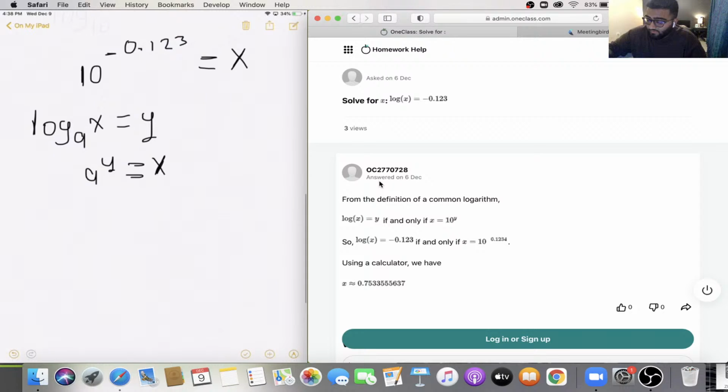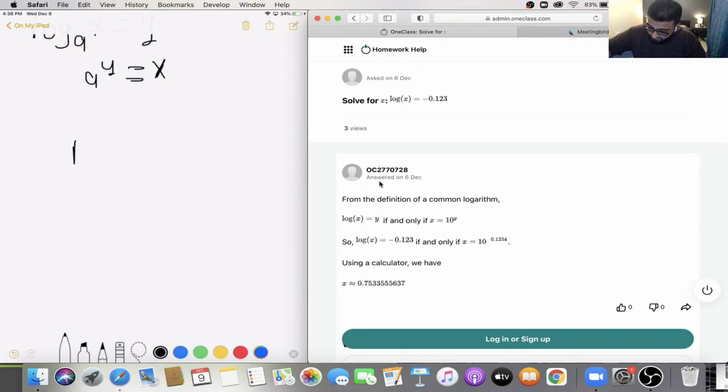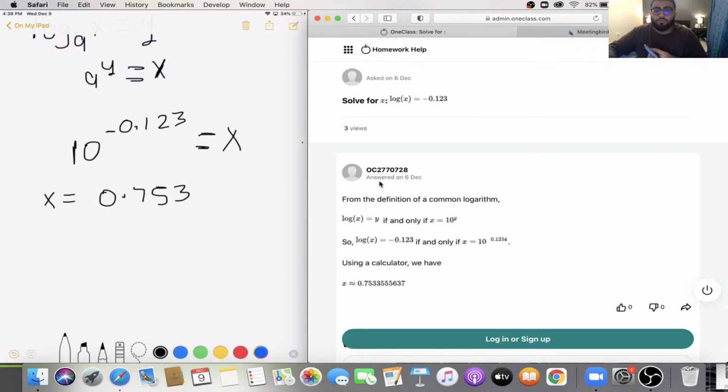So now our question again was 10 to the negative 0.123 equals x. We're going to just simply plug that into our calculator. So we get 10 to the negative 0.123. We get 0.753. X is equal to 0.753. And then we can simply plug that back in to see if we did it right.